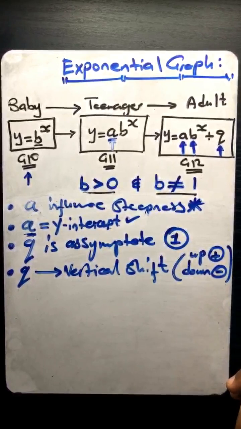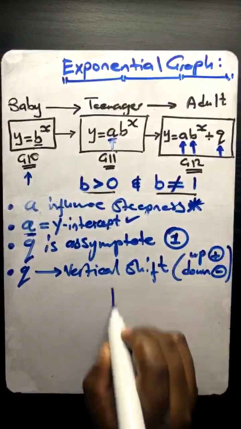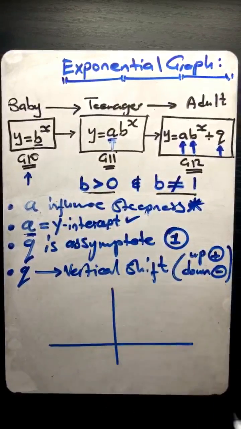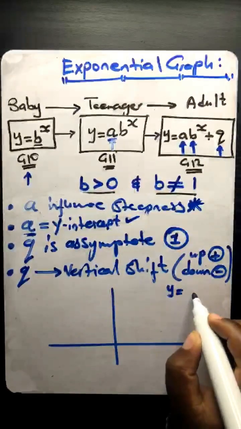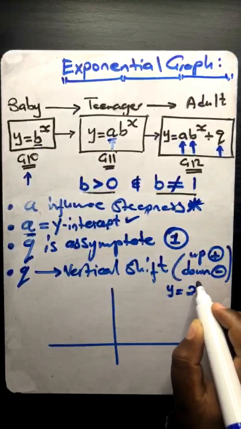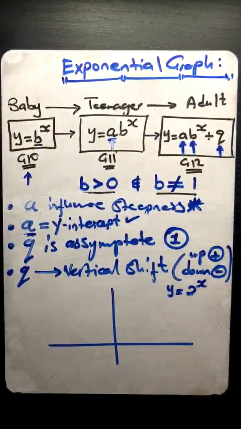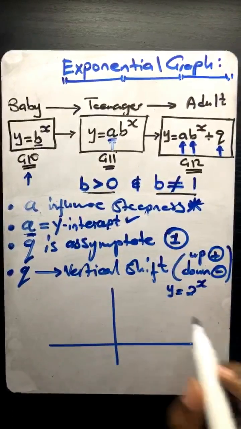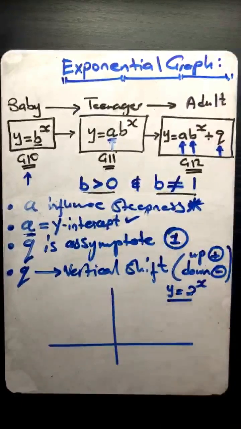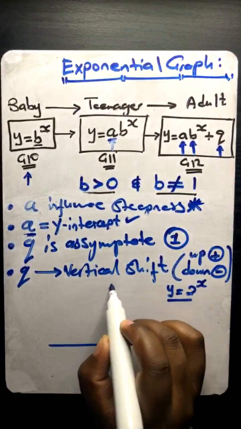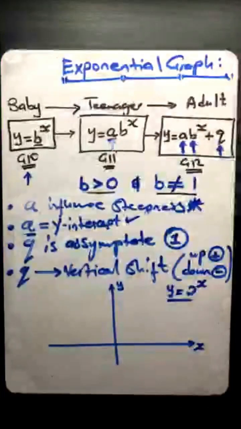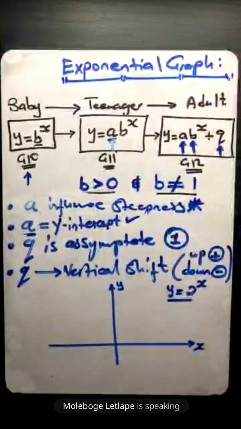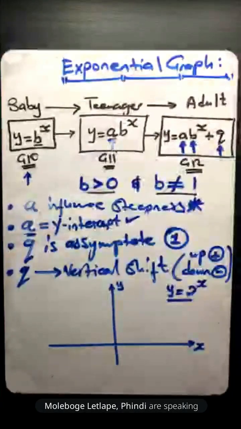So let's see. For example, on your Cartesian plane, if you are given y is equals to, let's say, 2 to the exponent x, here comes a question. For this function, are we having a decreasing or an increasing function? We are having an increasing function. 100%.